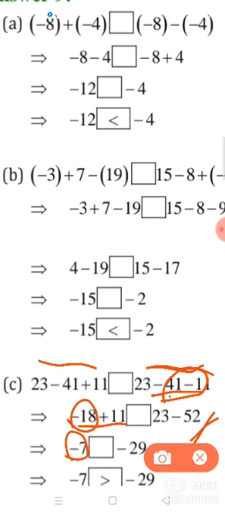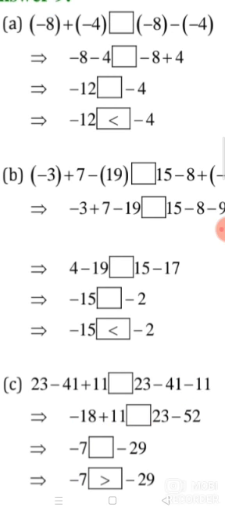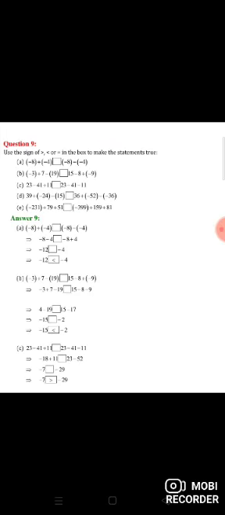So 52 minus 23 becomes 29, and 52 is greater and has a minus sign, so we put minus here. Now we compare again, negative 7 and negative 29. Negative 7 is greater, so negative 7 is greater than negative 29. In this way we completed question number 9, and D and E you have to solve.